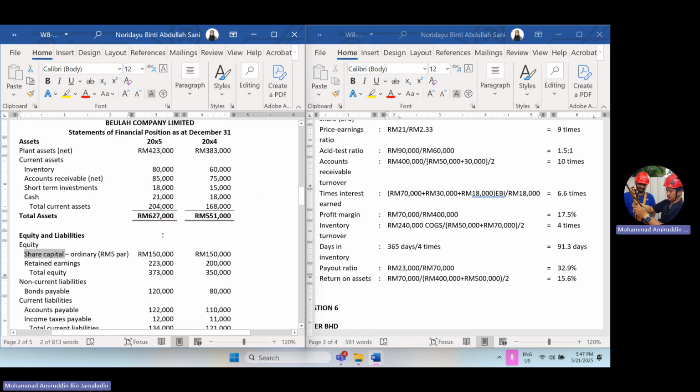You see, this is year 20x5. My share price is 150, and one share costs me 5 ringgit. Can I know the number of unit shares? How can I know? The total is 150,000 ringgit.